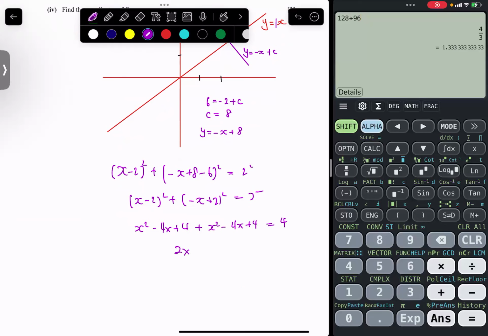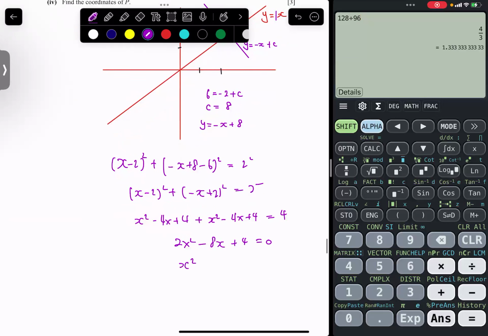So 2x squared minus 8x plus 4 equals 0. x squared minus 4x plus 2 equals 0. Wait, did I do anything wrong?